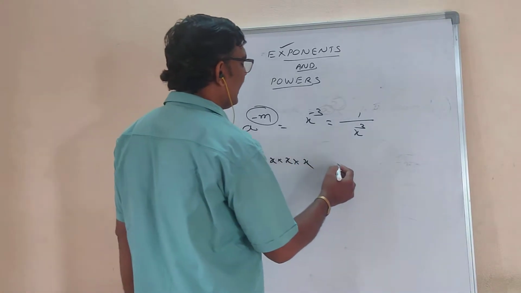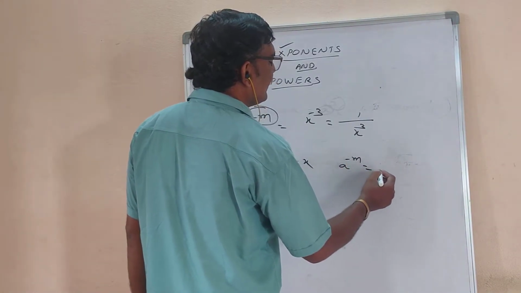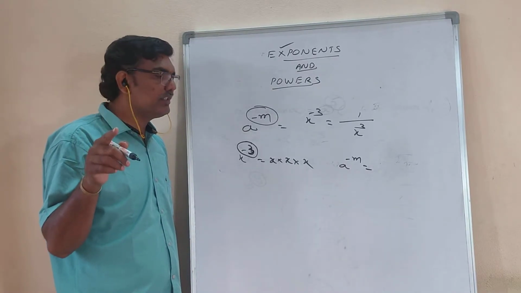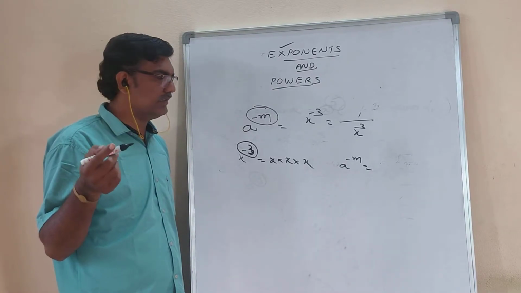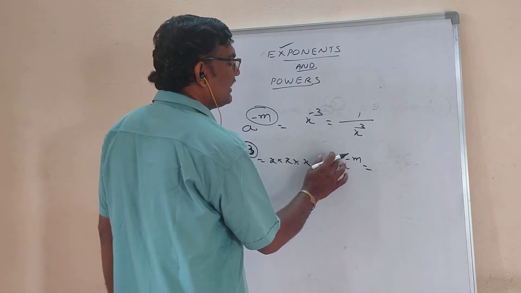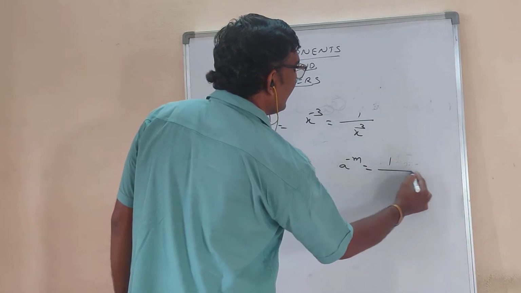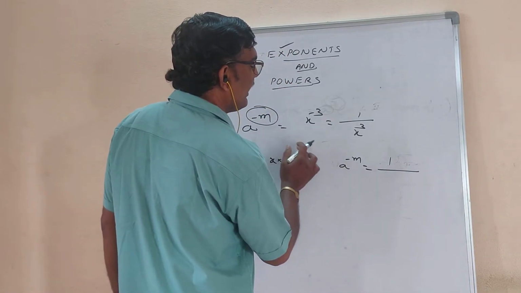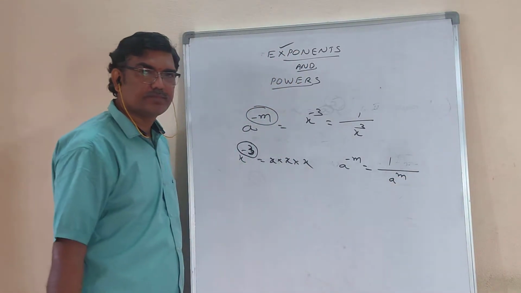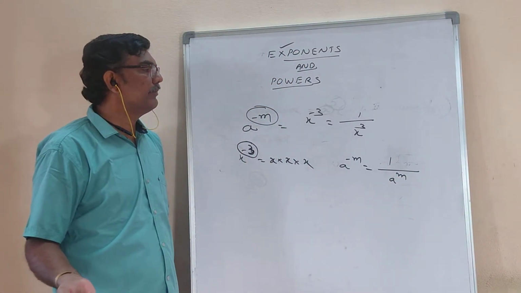So if I write a power minus m, in the power, are you seeing the minus symbol or not? Yes. If the minus symbol is there in the power, you have to write 1 divided by a power m, removing the minus.